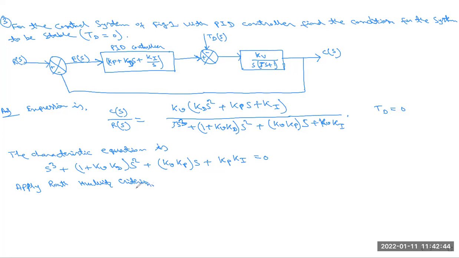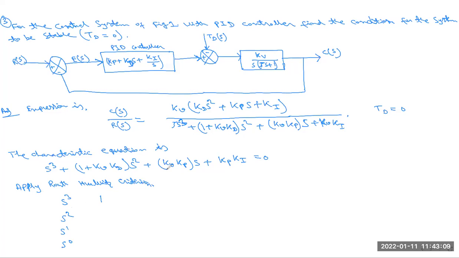First you put the table: the highest power, that is s cube, then s square, s1, and then s0. First, please tell me, anyone, what is the value for the first entry of s cube? This is 1.